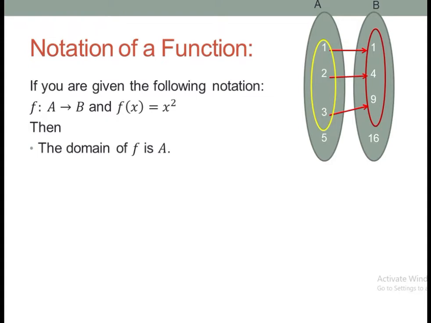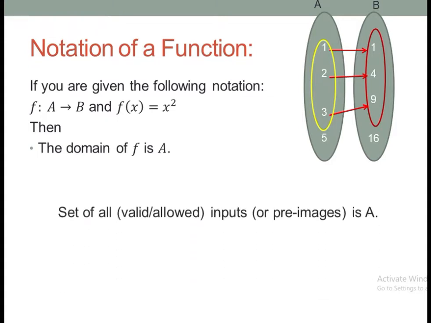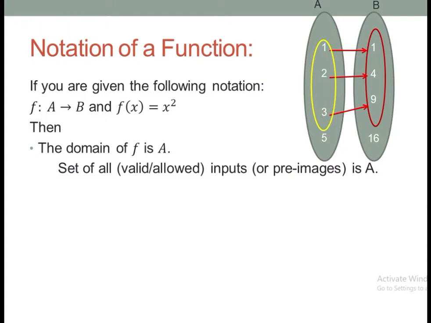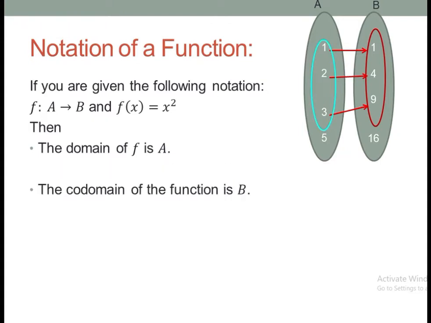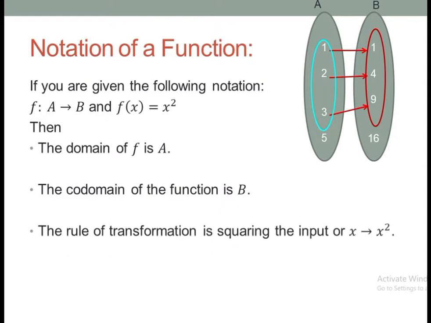The domain of f is A, which means the set of all inputs is A. The codomain of the function is B, which means the set containing the range is B. The rule of transformation is squaring the input, or x goes to x square, which means 1 will be 1 square, 2 will be 2 square, 3 will be 3 square.